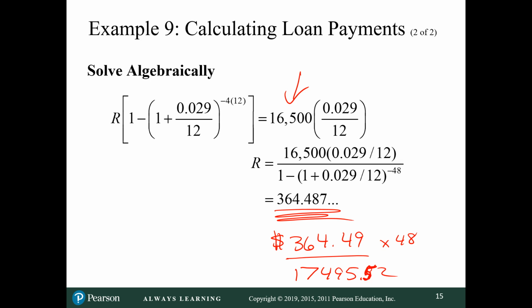So basically, for letting him use $16,500 of the bank's money, he has to pay the bank back almost $1,000 in interest over those 4 years. Okay? So that's how banks make money. That's how banks operate.